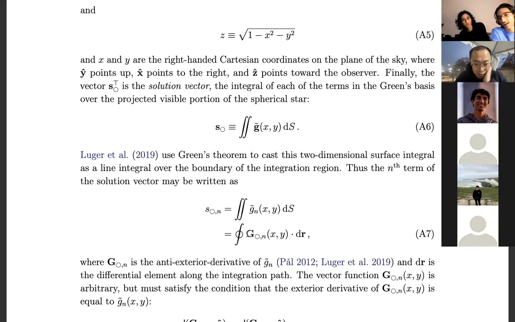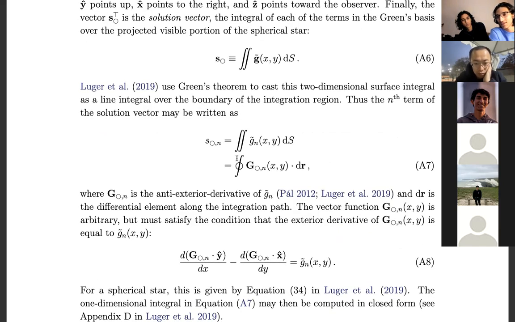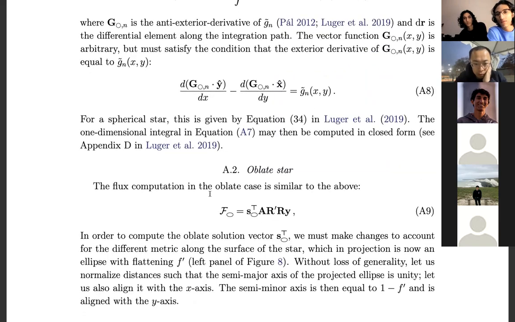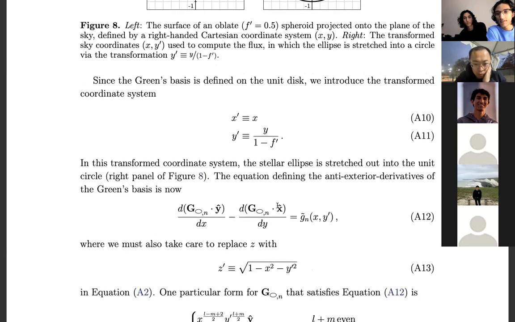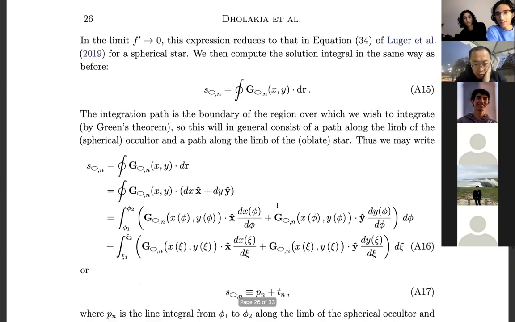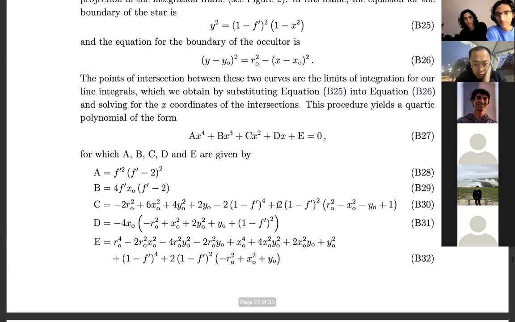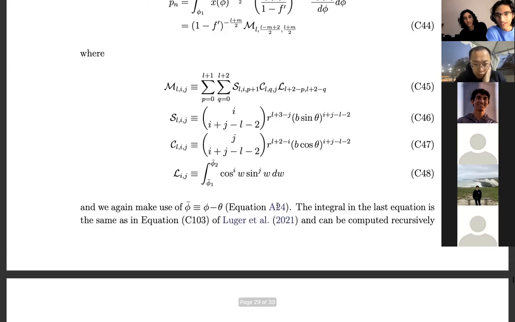We're going to write that using Green's theorem as a line integral around the edge of the star. And we're going to represent that for a star that's not spherical, but oblate. So I'll scroll through some of the heinous math and try to get to a figure.